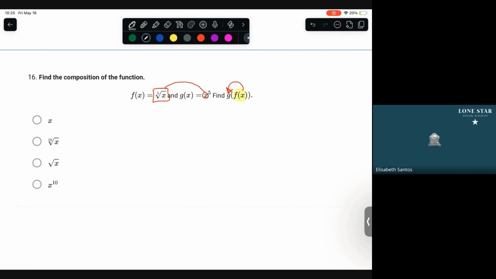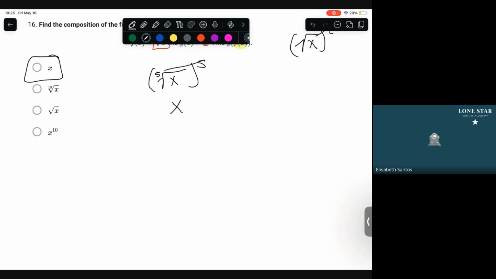So when we do that, we're going to have x to the 5th root to the power of 5. Again, similar to if you have the square root and you square it, they cancel. It's the same concept with the 5th root and the power of 5. So we're left with just x. Okay. And that is it.